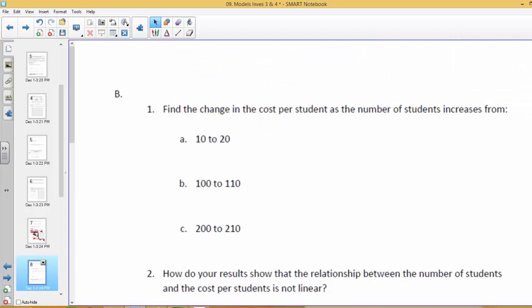All right, so 10 to 20, we're going to find the slope between just those 2 points. Now, the slope completely changes every single time. There's no constant slope with a hyperbola whatsoever.